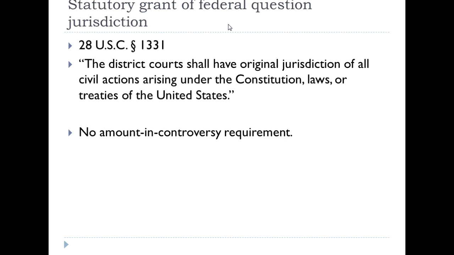In this case, the statute is 28 U.S.C. Section 1331, which reads in its entirety, "The district courts shall have original jurisdiction of all civil actions arising under the Constitution, laws, or treaties of the United States." So there's your statutory grant of so-called federal question jurisdiction. And you'll notice here that unlike the statute that gives us diversity jurisdiction, there is no minimum amount in controversy requirement for federal question jurisdiction.